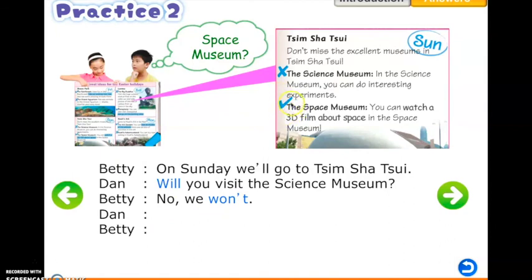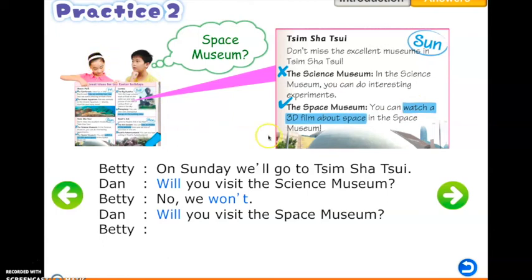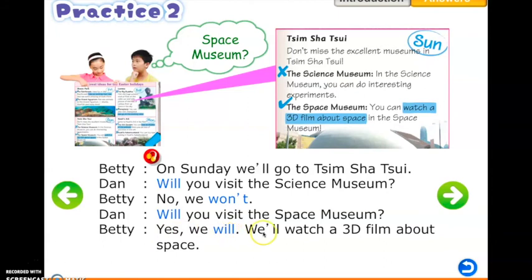There's a tick on the Space Museum. Will you visit the Space Museum? Remember, the names of the places have to be in capital letters. And then Betty will say, tick, watch a 3D film about space. So she will say, yes, we will. We'll watch a 3D film about space.